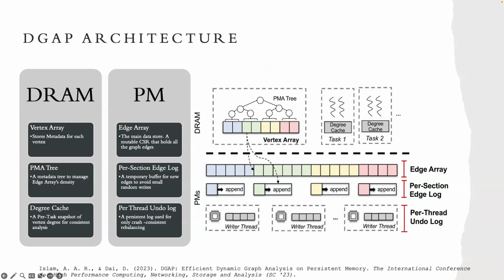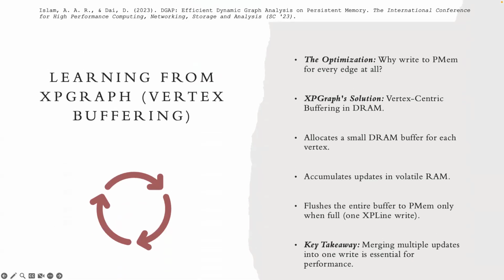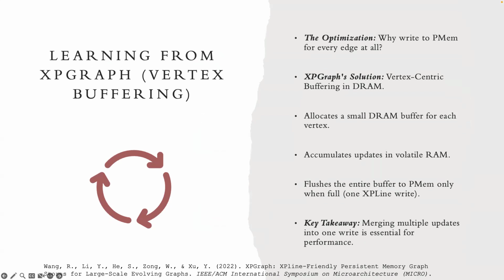So this is how DGAP makes a small compromise, but it gets over the biggest hurdle. And then we have XPGraph, which is also mentioned in the DGAP paper. It is kind of similar to DGAP, but it doesn't create any logs in the PM.